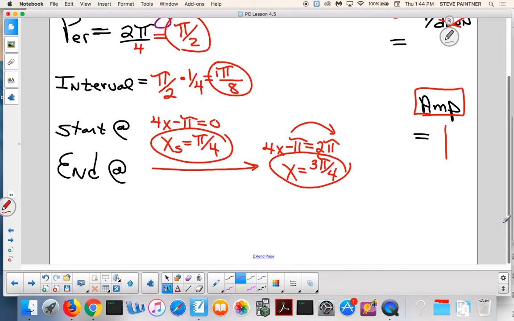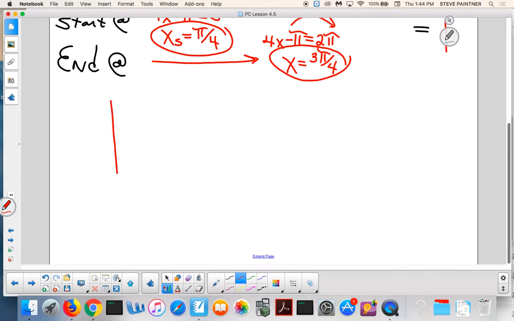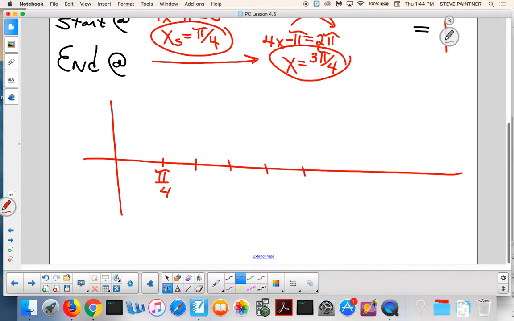Okay, so here I go. And I start where again? Pi over 4, is that right? Yeah? Okay, so here's pi over 4, and I know I need 4 equal intervals, 1, 2, 3, 4, and I end at 3 pi over 4. And I know I'm counting by 1/8. 2/8. So 2/8, what's next? 3/8.